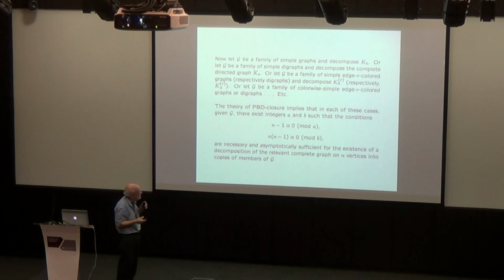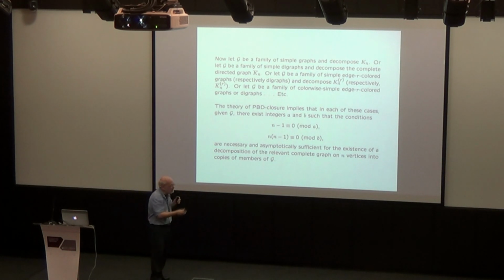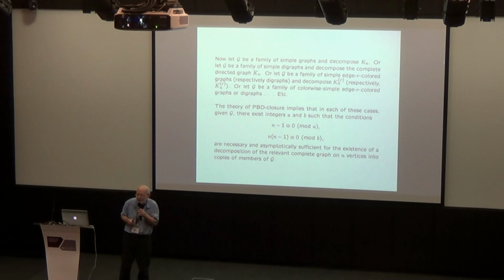More generally, script G is any family of simple graphs right now, and it could be edge-colored graphs. I will tell you more about those later, or edge-colored directed graphs, or edge-colored multi-directed graphs. But no matter what script G is, we have to consider complete graphs of the analogous form.